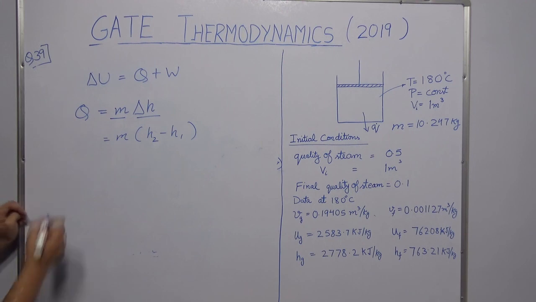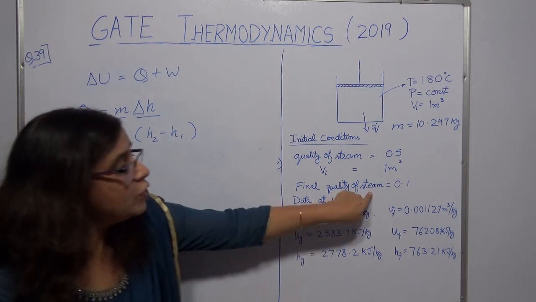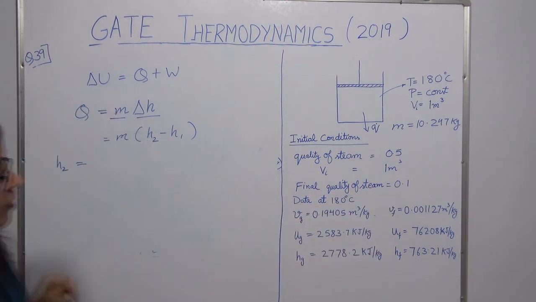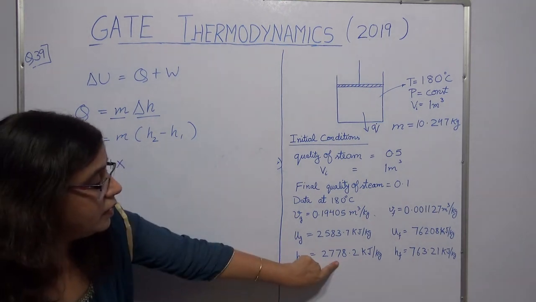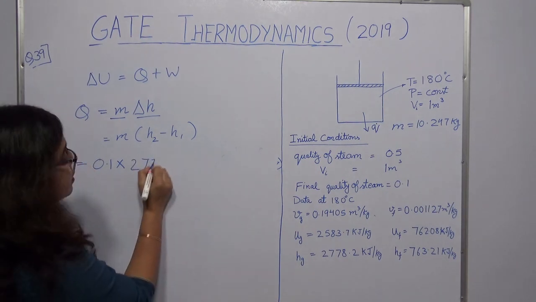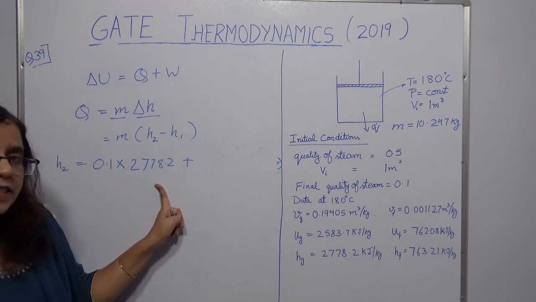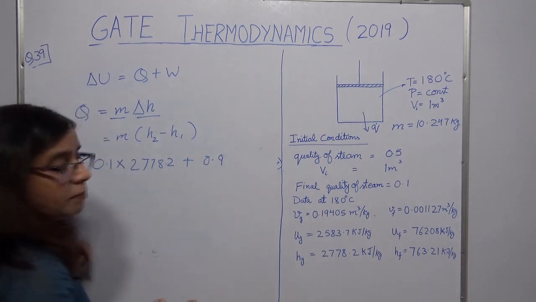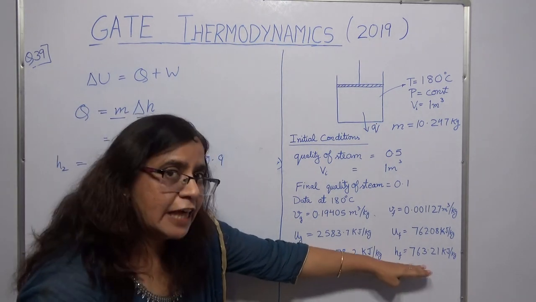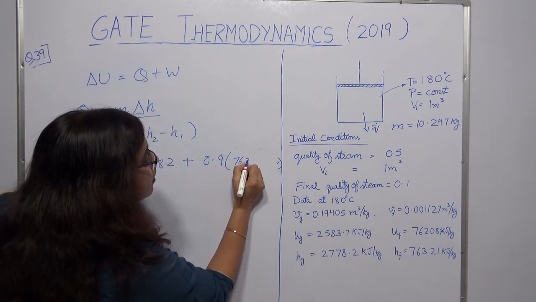Now let's calculate what is your H2, that is your final enthalpy of the system. When your quality of steam is 0.1, it will be 0.1 times Hg, 2778.2, plus what is 1 minus x now? In the final stage it is 1 minus 0.1, so 0.9. That will be the mass fraction of the liquid multiplied with the specific enthalpy of the liquid, which is 763.21.